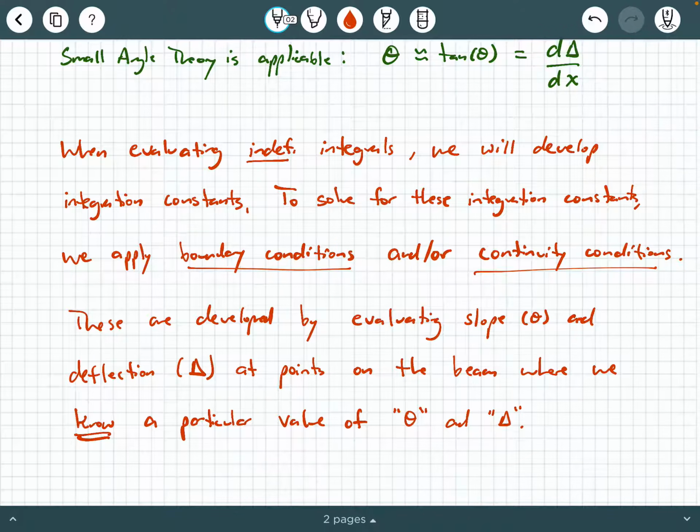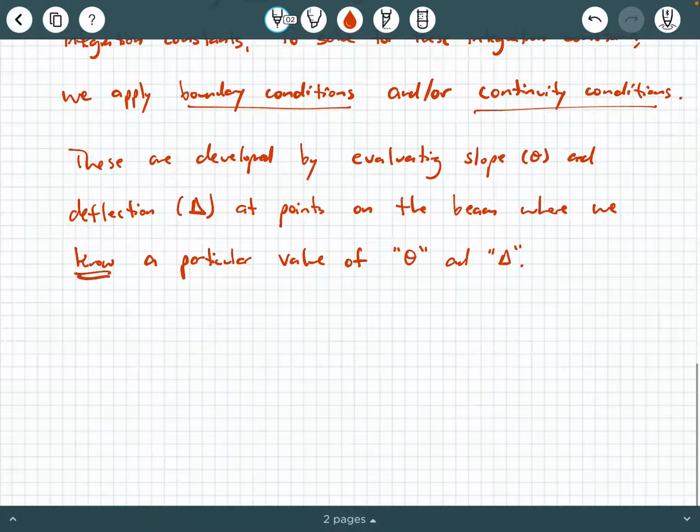So for example, if you have a fixed connection in your beam, say for a cantilever beam, at that fixed connection, we know that the displacement will be 0 and the rotation will also be 0 because a fixed connection does not allow for any deflection or rotation. So those would represent boundary conditions, okay?